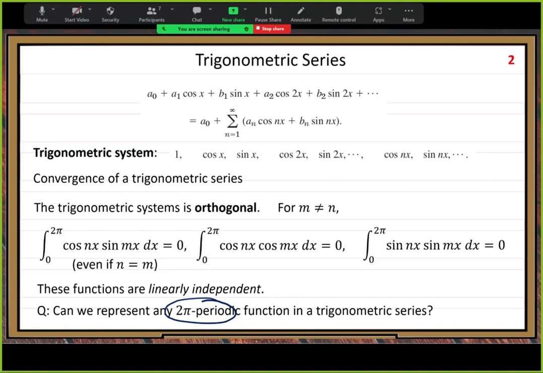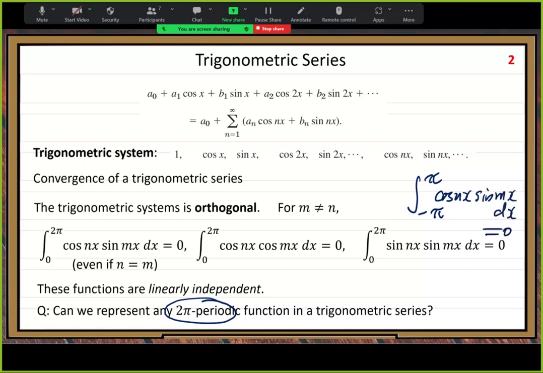Many people like to write the period not from 0 to 2 pi. 0 to 2 pi is one way to represent one period for sine and cosine, but another commonly used period is from negative pi to pi. And then you have the same thing, the integral of cos nx dx equals 0.